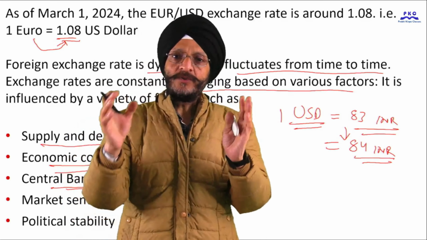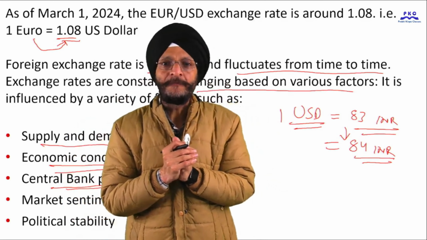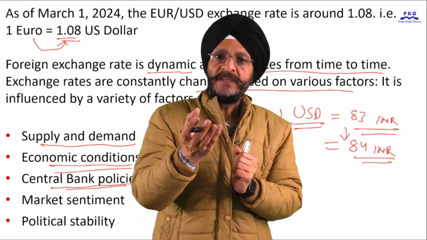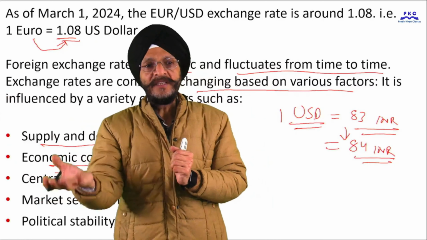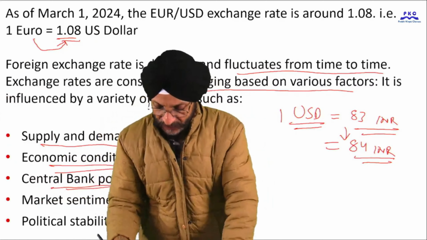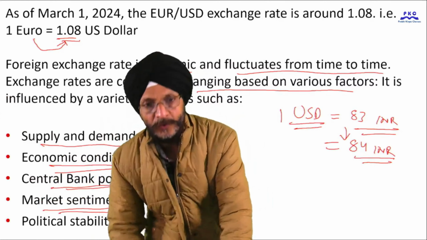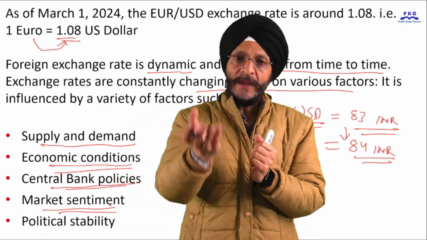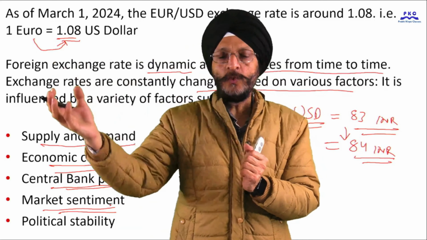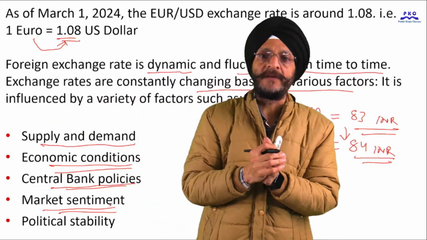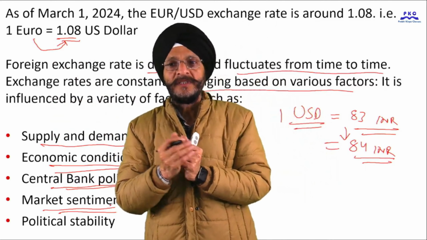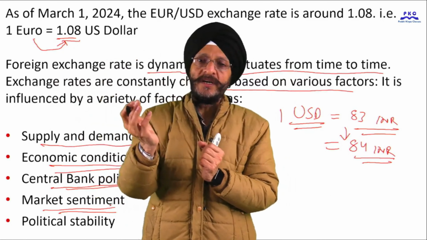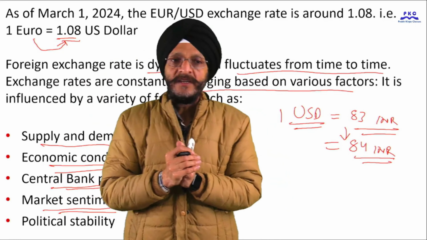If the policies of the central bank are favorable, then the value of your currency in relation to another currency increases. If the market sentiments are good, the value of your currency will appreciate in relation to other currencies. If market sentiment is not proper, the value of your currency in relation to other currencies will decrease.